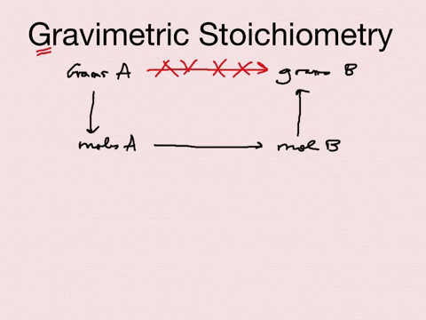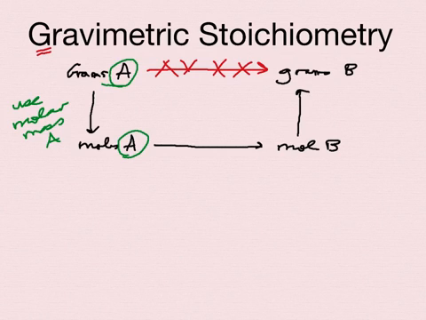Let's refresh. To go from grams of a substance into moles, you can do that very easily if you know the molar mass. I'm going to say use the molar mass of substance A. If you want to change from grams of A to moles of A, that's one step, and you're going to use the molar mass.